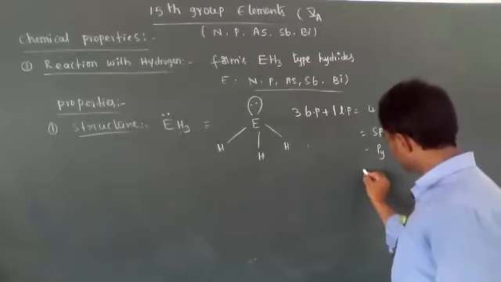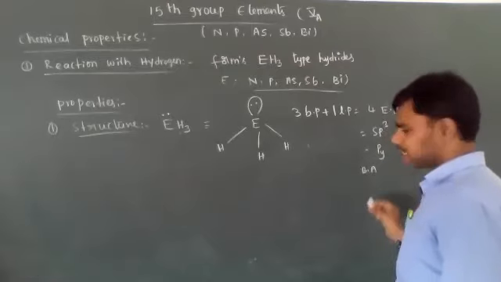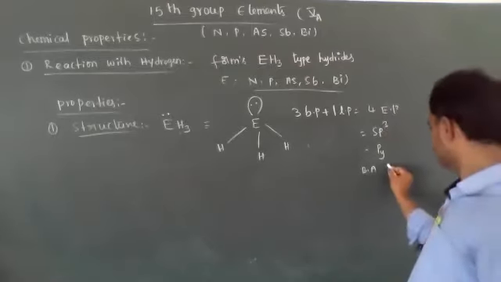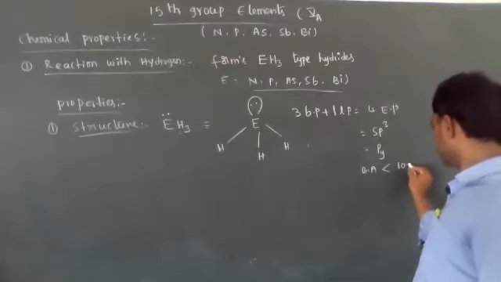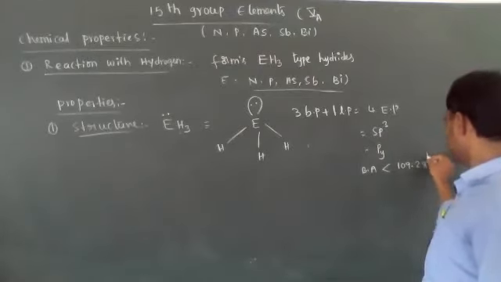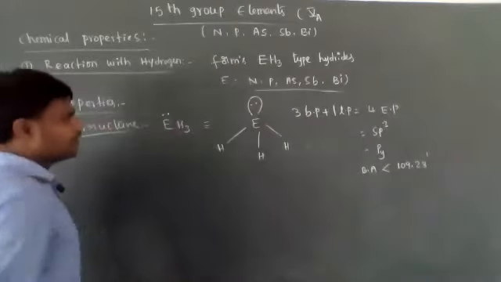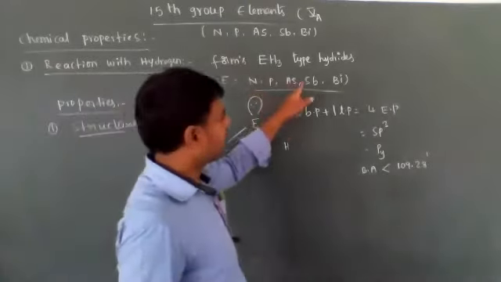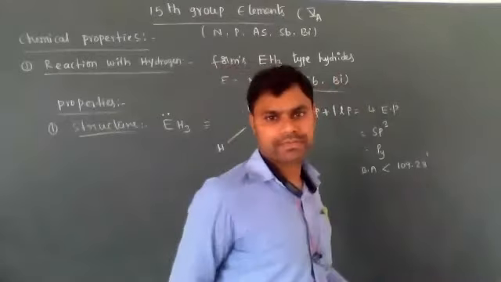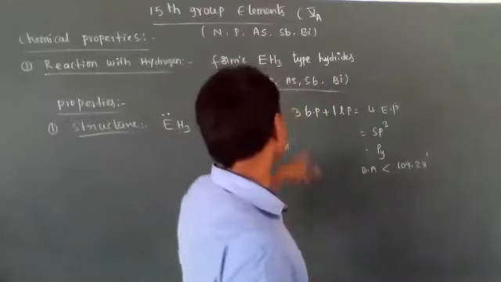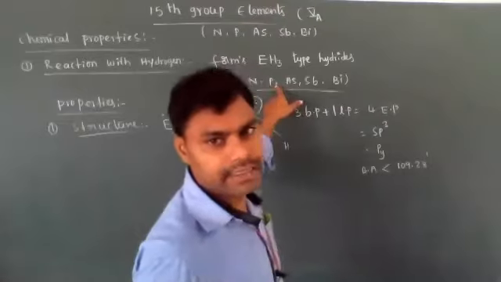Bond angle less than 109 degrees 28 minutes. Among nitrogen, phosphorus, arsenic, antimony and bismuth, if you observe the bond angles, NH3 has more than PH3.